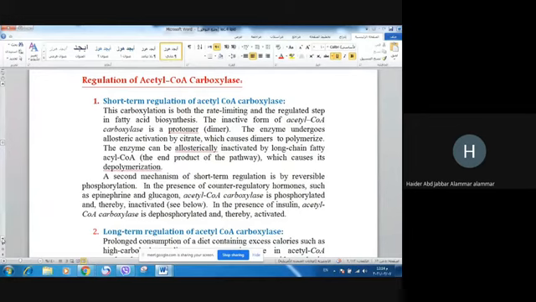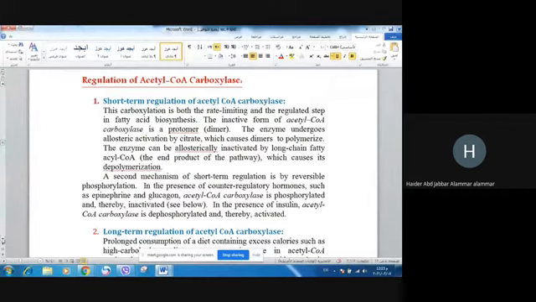The second mechanism of short-term regulation is accomplished by reversible phosphorylation. You should know that, almost always, phosphorylation converts the enzyme from the inactive form to the active form, with some exceptions.